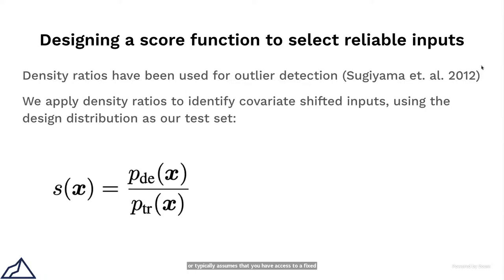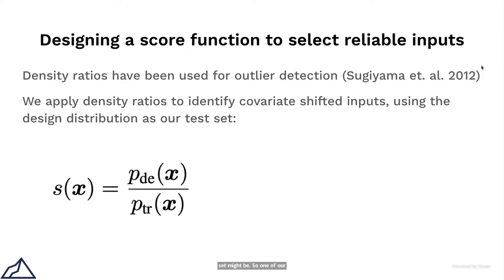And in the case where you have a fixed test set, you can learn this density ratio, the density of a point under the test distribution divided by the density of that point under the training distribution. But in the case of design, it's not obvious what a test set might be. So one of our key innovations is to use a design distribution as the test set.